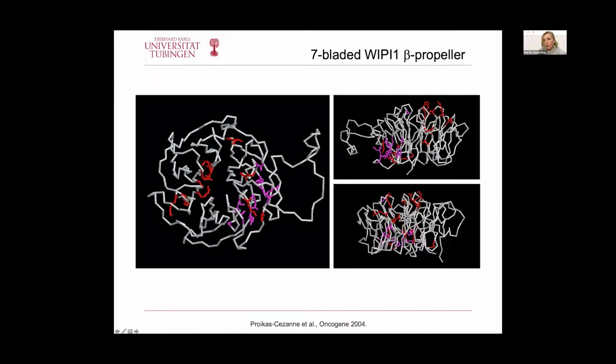And when you flip this beta propeller, a 7-bladed beta propeller, which became apparent through this homology modeling, to the side, you see that the invariant residues cluster and form a motif. And we then showed, and others, that this motif is specific for PI3P binding.